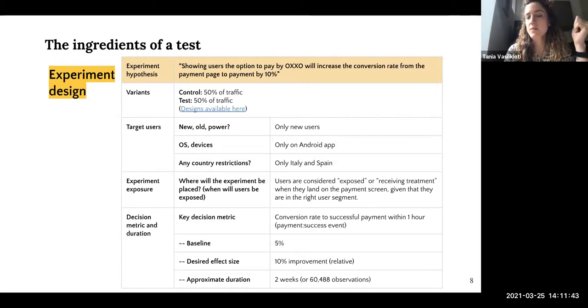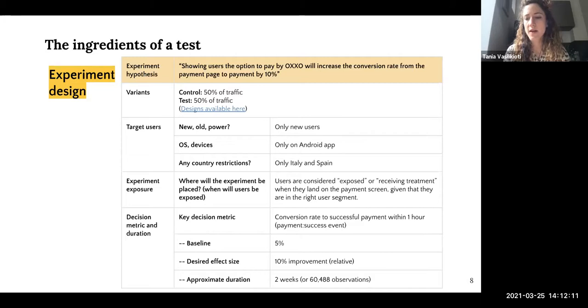It tells us which actions we need to track, so payment page, the actual payment, and very importantly, it includes a hypothesized effect size. So this is the idea that before the experiment, we already make a bet about how big the effect is going to be of this change. And we'll see in a second why this is important.